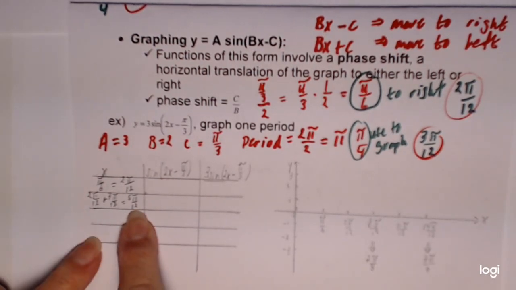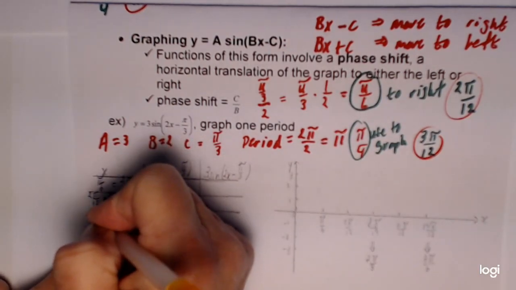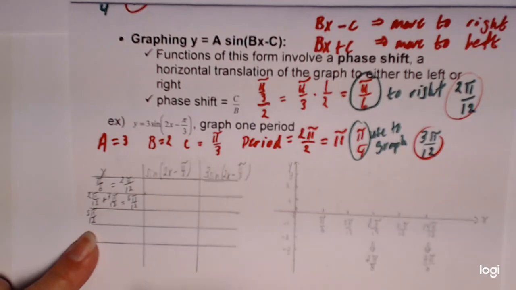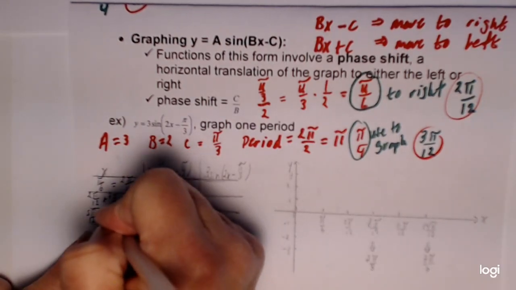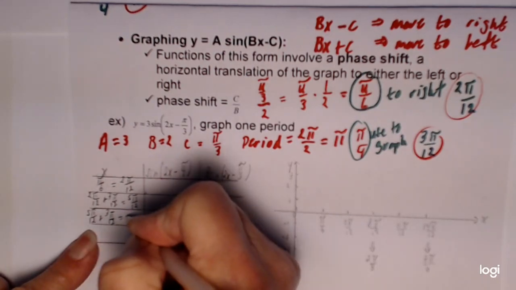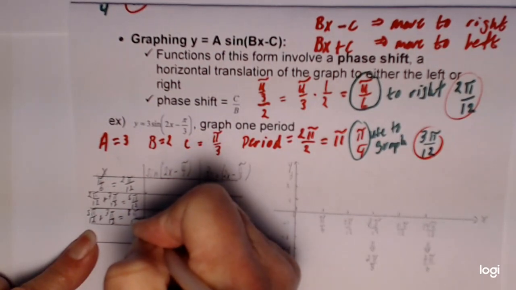Now for the next, 5 pi over 12, we add our 3 pi over 12 because we keep adding the same increment. And this gives us 8 pi over 12.